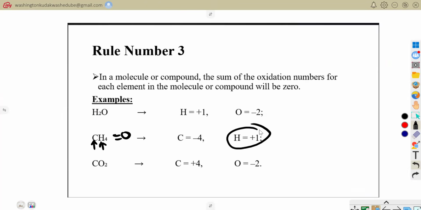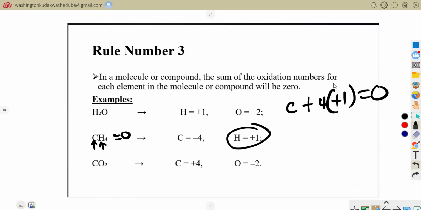If I know the oxidation number of hydrogen is positive 1, and I want to find the oxidation number for carbon, I represent it by C. It will be C plus 4, since I have 4 hydrogen atoms and each hydrogen carries plus 1, and that has to amount to 0.